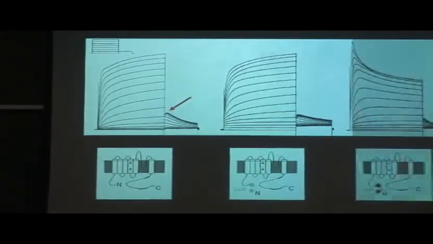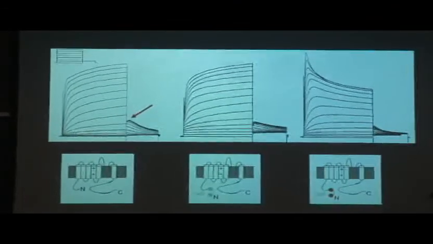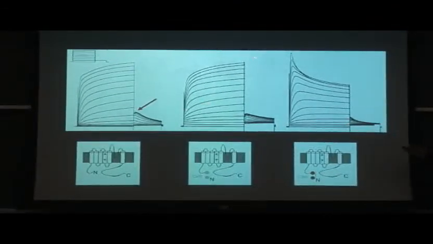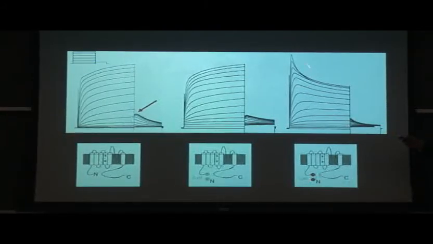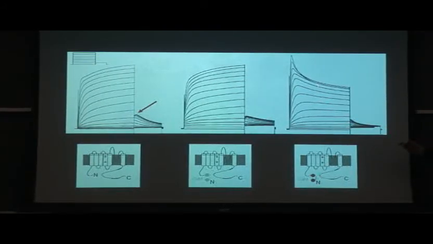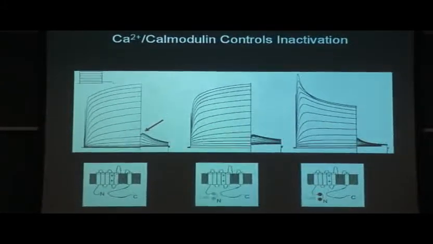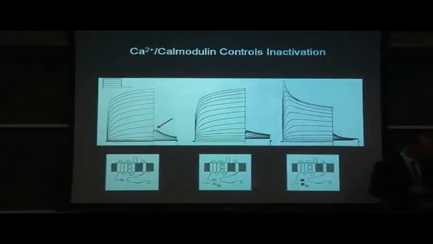But now when we make the concatamer with a mutant calmodulin, where calmodulin is unable to bind calcium, you can see two things. You can see the marked macroscopic inactivation and the beginning of the loss of the hook of the tail.